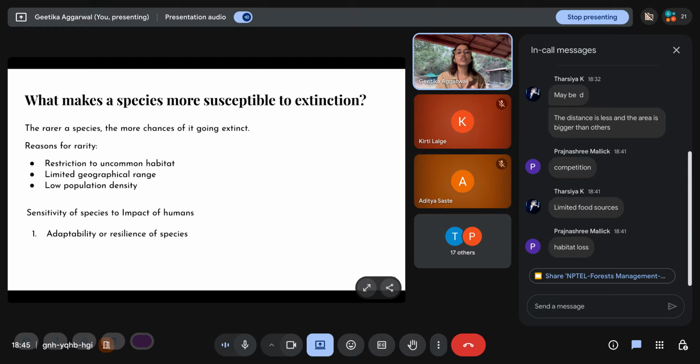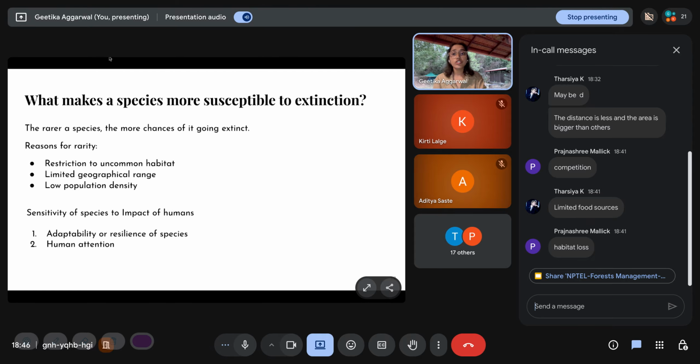So those species will not be able to come out of the undisturbed forest and occupy the logged forests, so they're more sensitive to human change. But certain other species will be able to explore the logged forest as well, because they are more generalist. They are hardy enough and resilient to the change caused by humans, right?